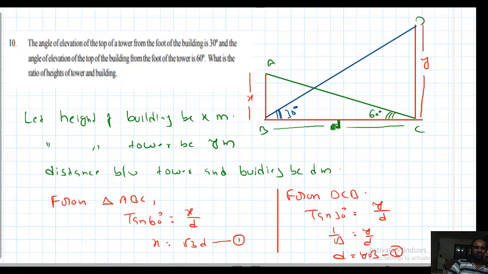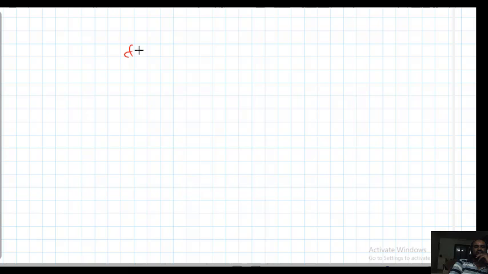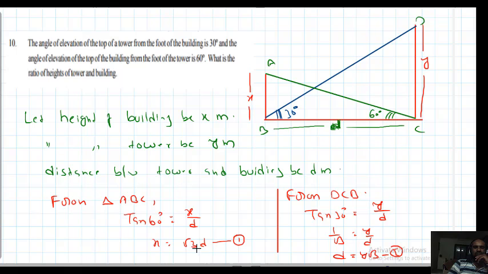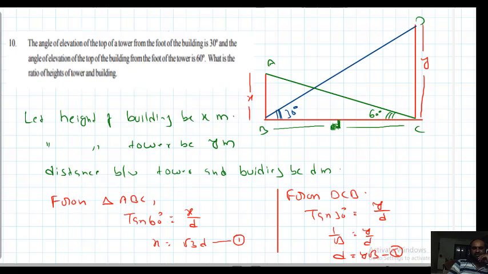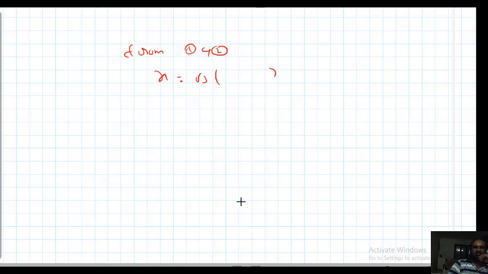Now from 1 and 2, x equals root 3 into, instead of d, I can write y root 3. X by y equals 3, or x is to y equals 3 is to 1.